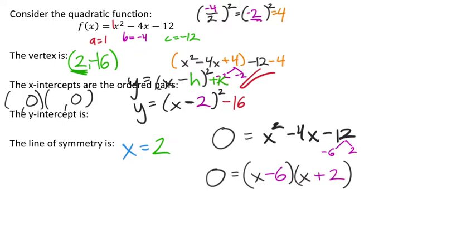So we've seen this before. I need to solve this. Both of these factors, or binomials in this case, need to be 0, right? So that means that if I were to take this x minus 6 and make it equal to 0, it would make the equation true. So I'm going to add 6 to both sides, and then x equals positive 6.